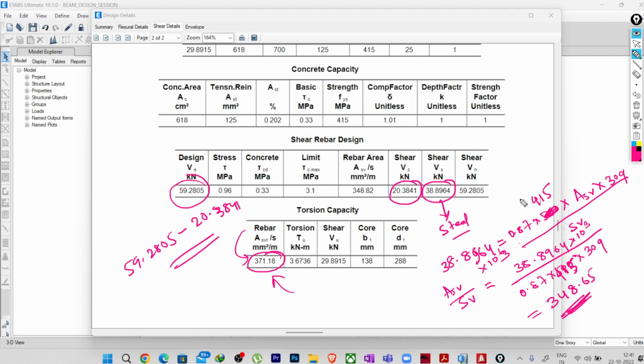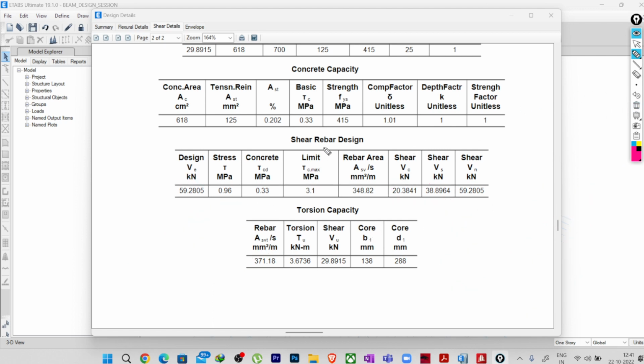So what I'm saying is, all the results that the software is giving us are as per the codal provisions only. Some people will say, you will have heard, that I have designed it as per software, so it is different, your manual design will be different. No, the design concept is exactly the same as given in the manual process as per the code and as in the different software.